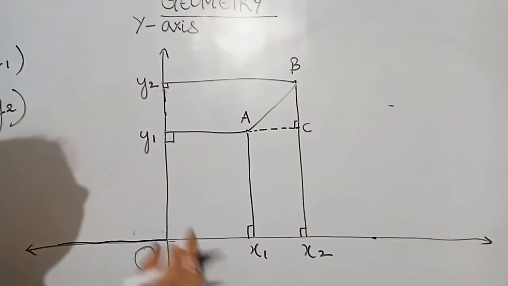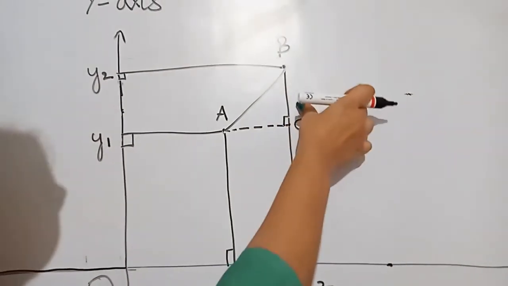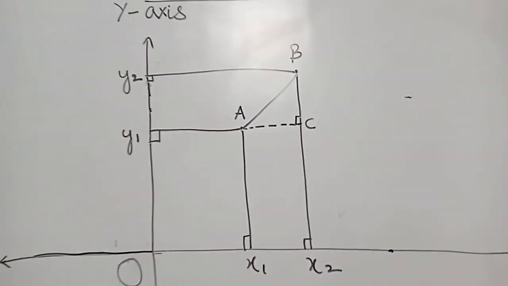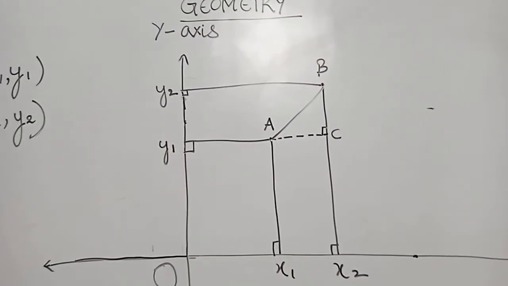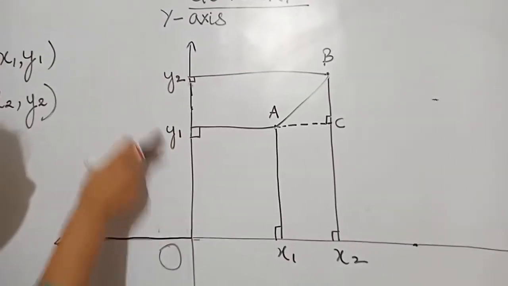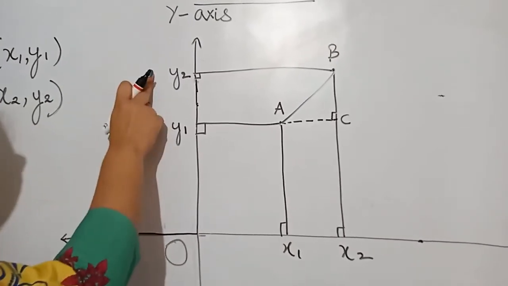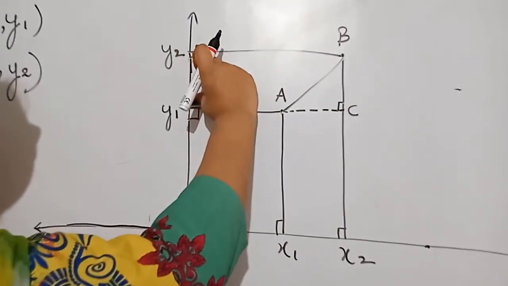So first of all, for the Pythagoras formula we have to find what AC and BC are. Now children, look here, the distance of y1 is from 0 to y1, that is the origin, isn't it? And y2 is from 0 to y2. So what will be the distance over here?